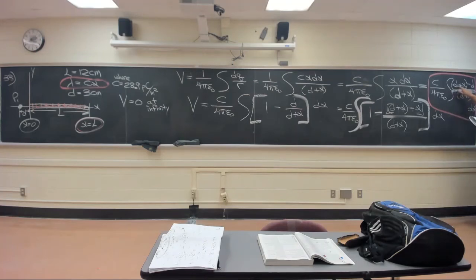D minus d is x. Okay. Trying to see exactly where we want to go here. We could have done it like that. Okay, that's yet another way to look at it.